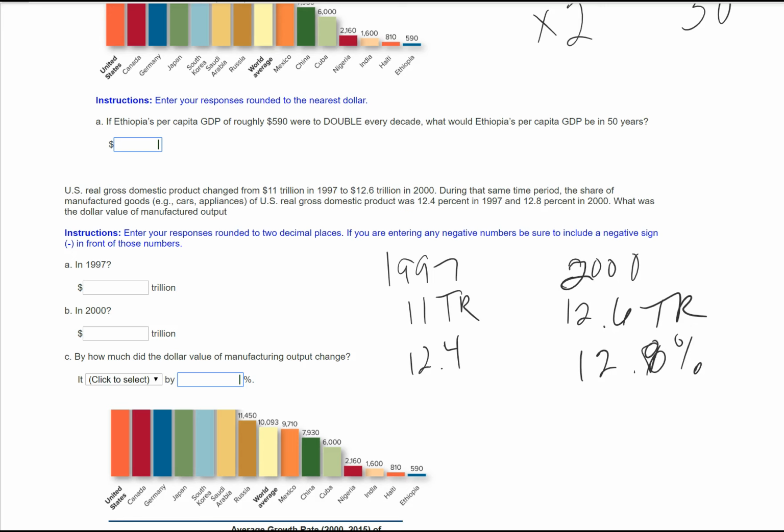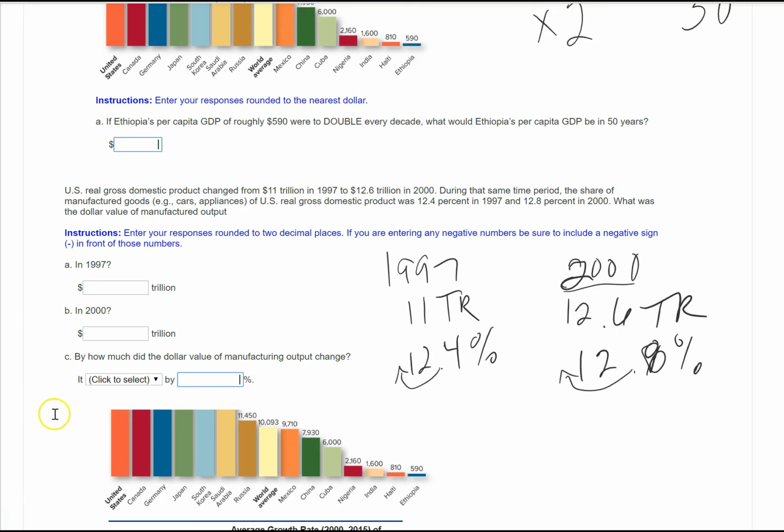So what you're going to do is calculate what 12.4% of $11 trillion is. And again, I reminded you before that you just multiply 11 trillion times 0.124 to convert that into a decimal. That's how you do that with a percentage. And over here with the year 2000, you're going to take 12.6 trillion multiplied by 0.128, and that'll give you the values for how much was represented by that portion of GDP for that year.